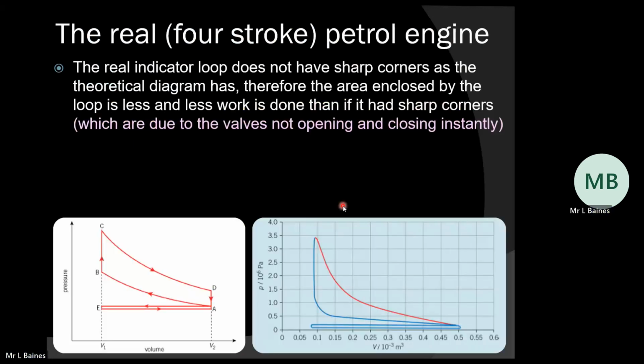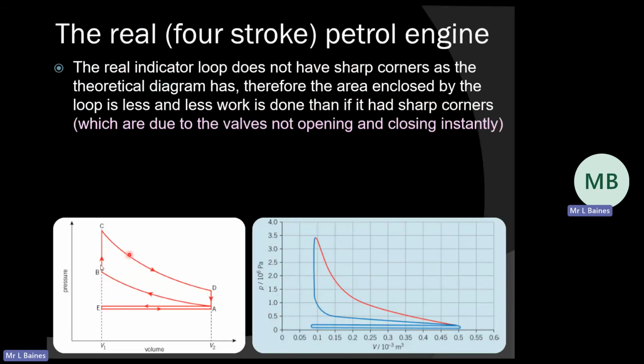In fact, if we look at this, this is the kind of shape that we can expect for a measured indicator diagram. So these are very, very common. If you go into the world of motorsport, if you go into the world of being a mechanic, they understand the indicator diagrams.